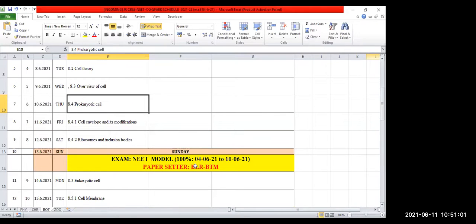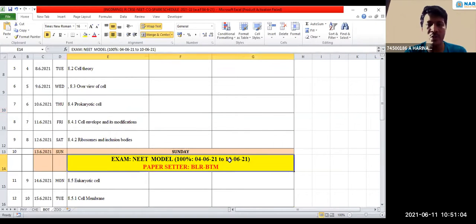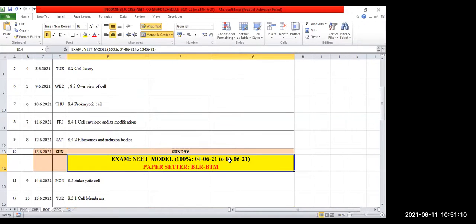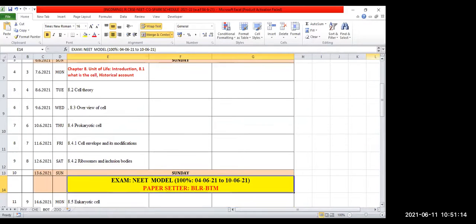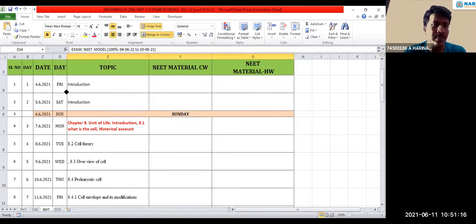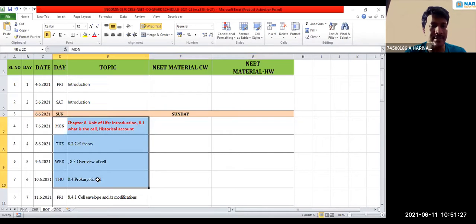So the portion, see here, 406 to 1006. So we'll see what the portion is. The introduction is about the cell, the unit of life. Up to the 10 prokaryotic cell.